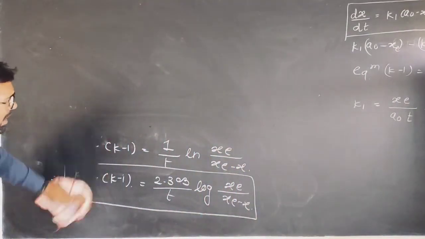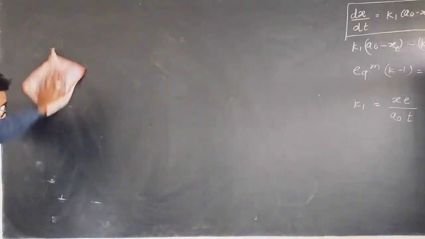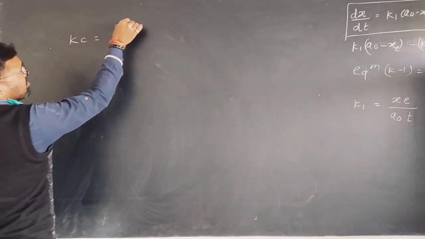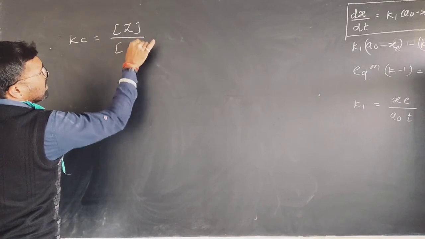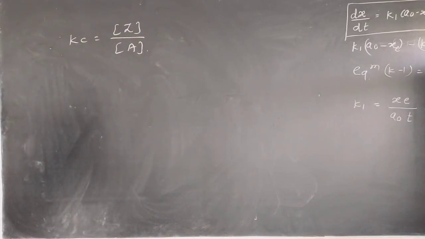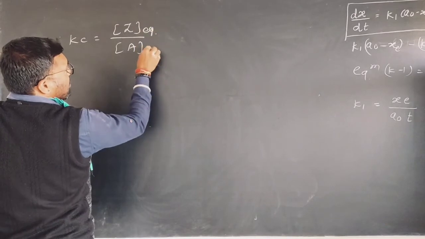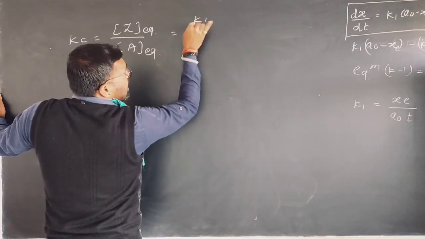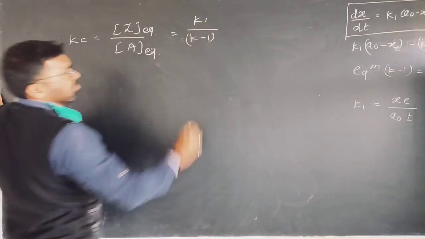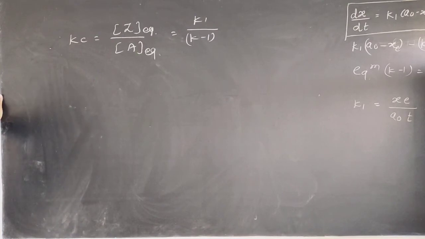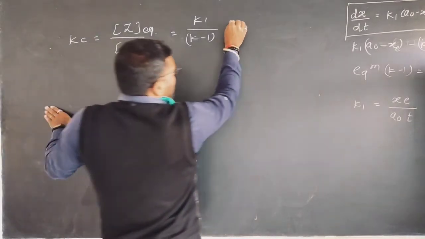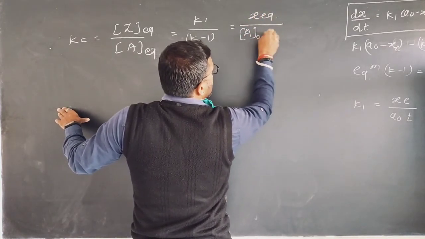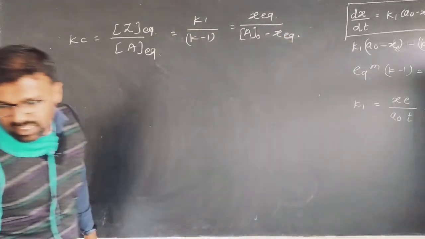Assuming Kc is the equilibrium constant, which is equal to Z upon A, the concentration of Z at equilibrium upon concentration of A also at equilibrium, which is also equal to K1 upon K minus 1, the ratio of rate constants of the two different reactions, which is also equal to X at equilibrium upon A0 minus X at equilibrium.